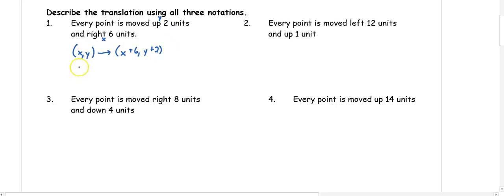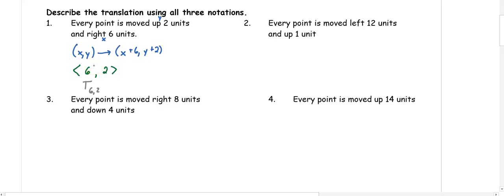In vector notation, we're going to have our brackets with a comma. We're only going to worry about the changes. So right 6 is a positive 6, up 2 is a positive 2. We don't need plus signs if they are positive numbers. For subscript notation, we're going to have a T, and then 6 and 2 are written as subscripts.